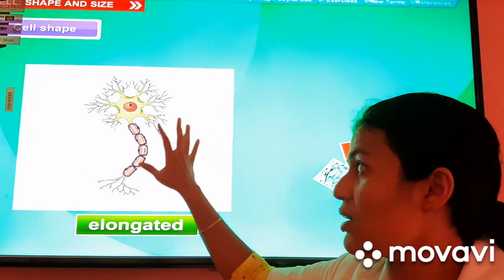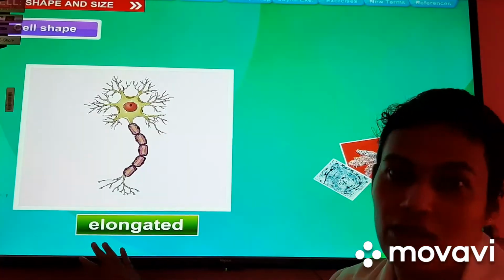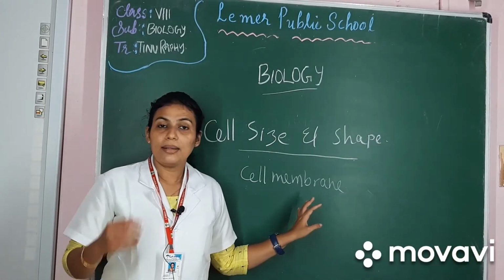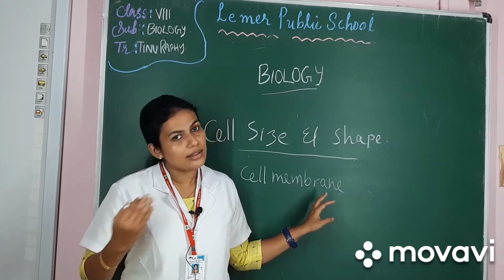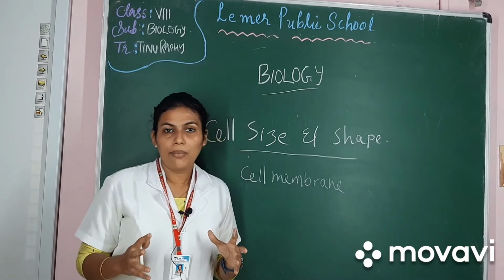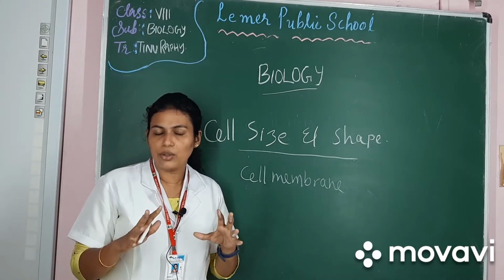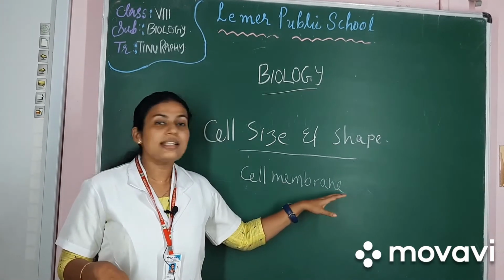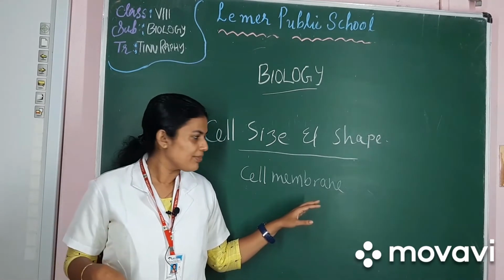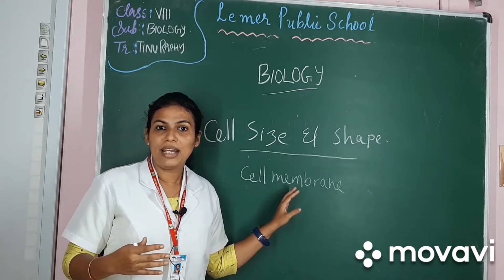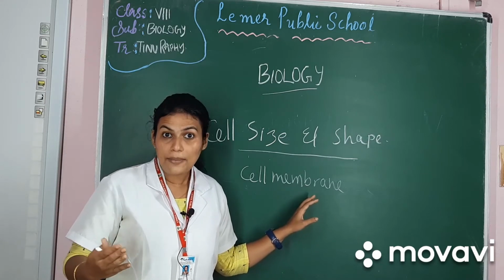So based on the function, the nerve cell is elongated. In plants, animals and other organisms, all the cell components are enclosed in the cell membrane, and the cell membrane is the factor that gives shape to the cell.